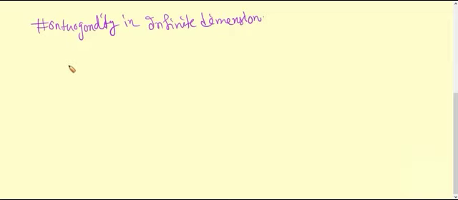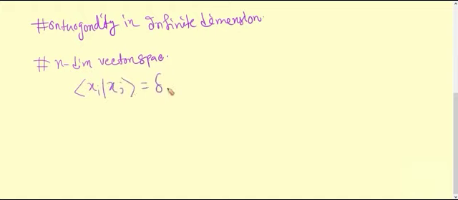So from our finite dimensional analysis, let's say you have a vector space with n dimensions. We knew that if you have an n-dimensional vector space, the basis vectors were orthogonal to each other, right? So if you have two basis vectors like this, xi, xj, this would be just delta ij.